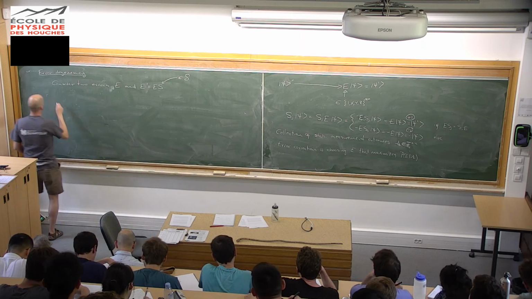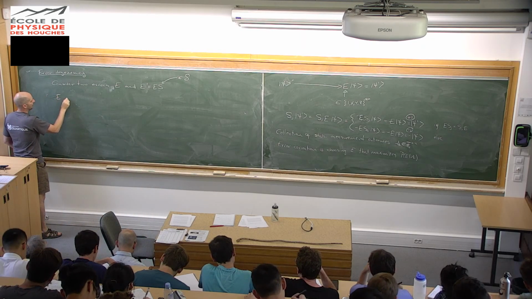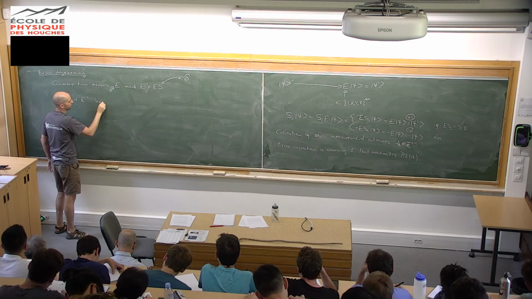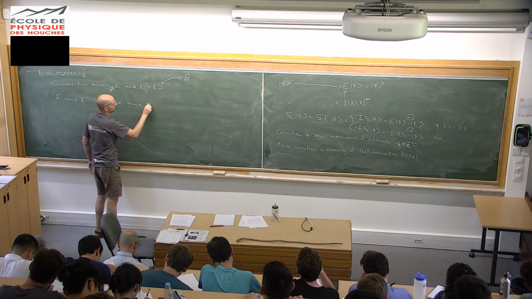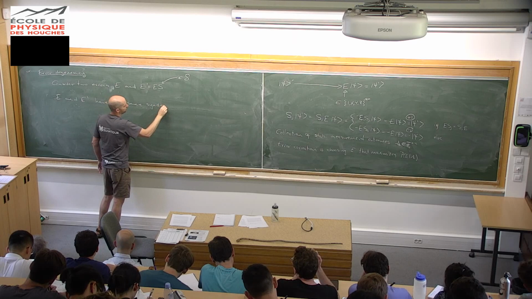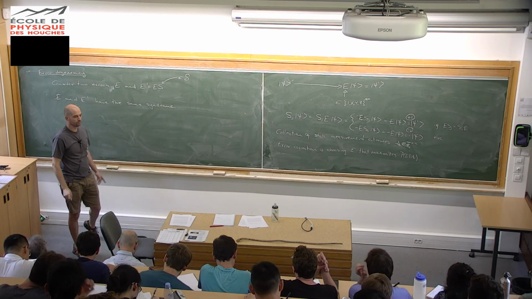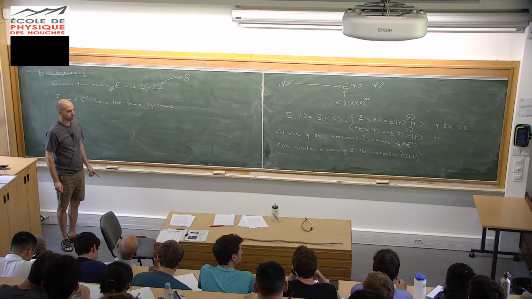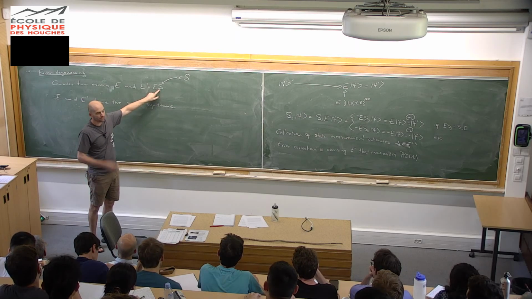Suppose E occurs. Well, first of all, E and E prime have the same syndrome. Why? Why do they have the same syndrome? Because they differ by something that commutes with everything.